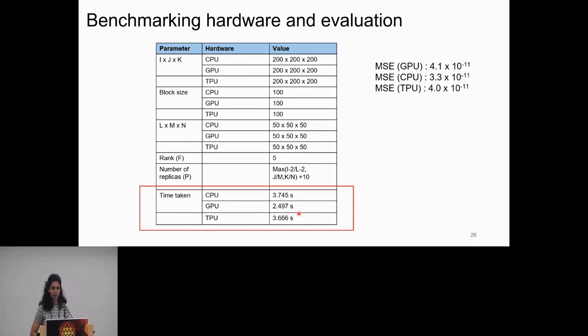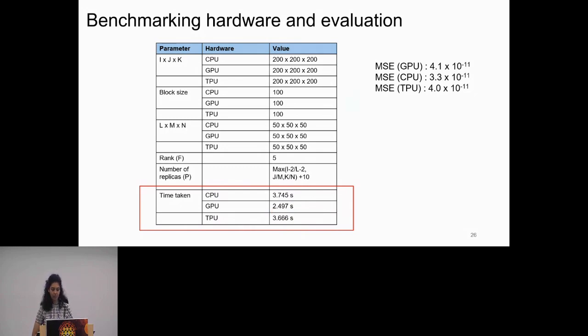As you can see, the GPU outperforms the other hardware architectures, and it is surprising that the tensor processing units are still comparable to the other ones, but we are interrogating it further to understand how it scales with larger dimensional data sets.